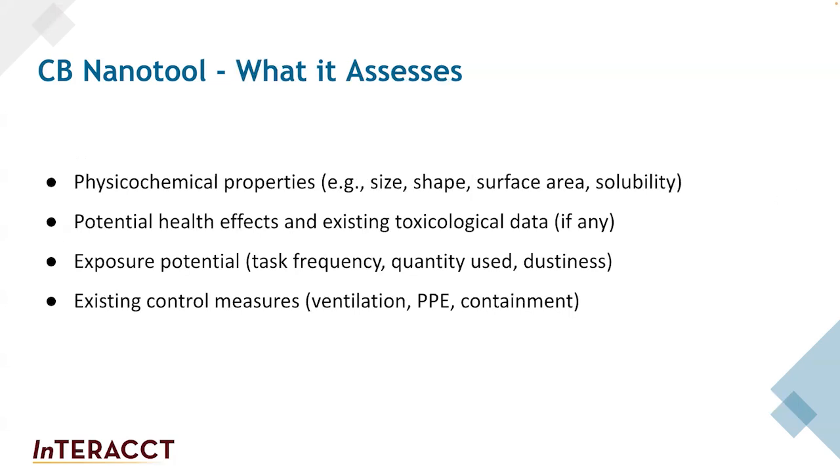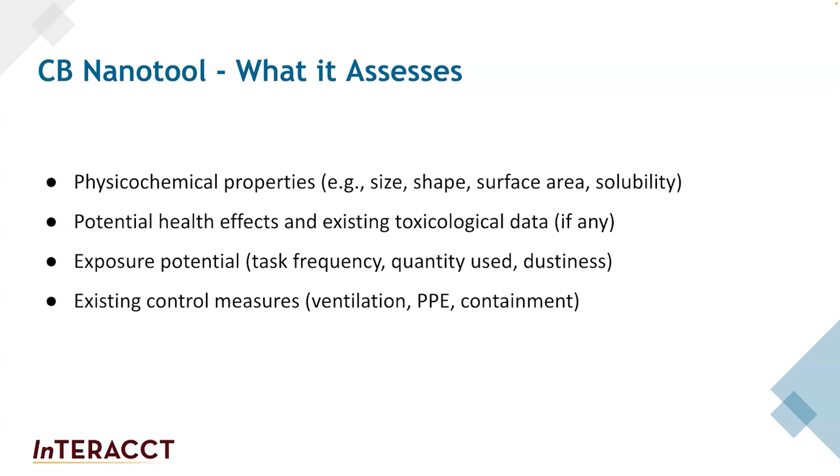The CB Nano tool assesses several key factors to determine risk and recommended controls. First, it evaluates the physiochemical properties of the nanomaterial, such as size, shape, surface area, and solubility. It also considers potential health effects, drawing on any available toxicological data.